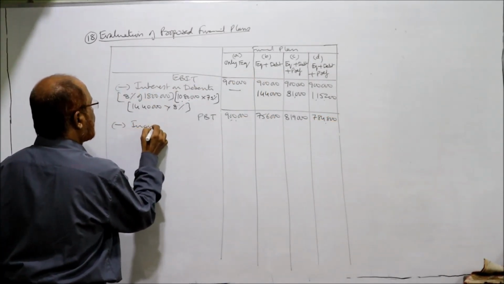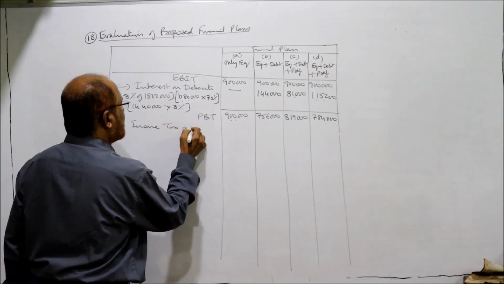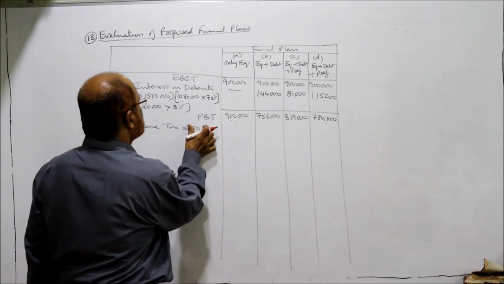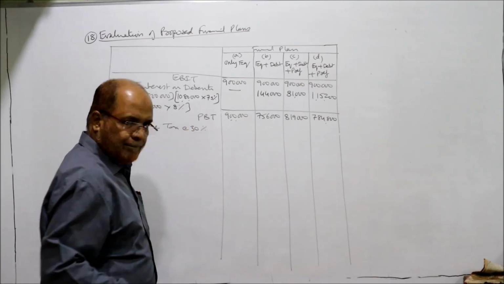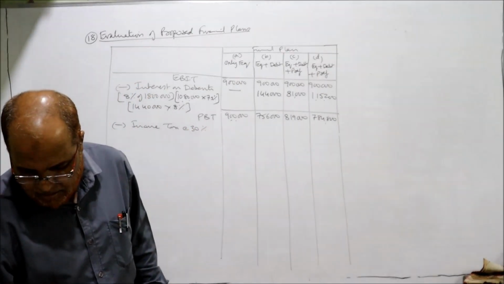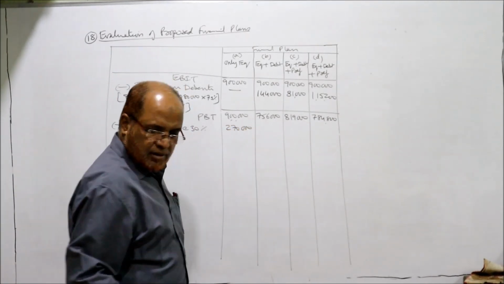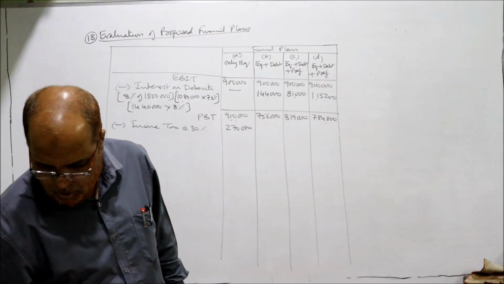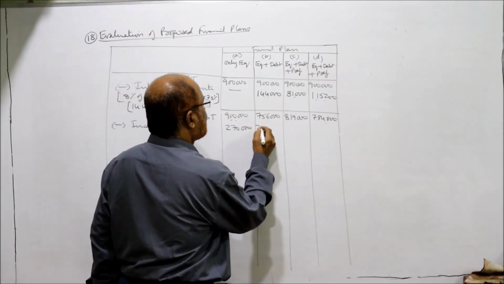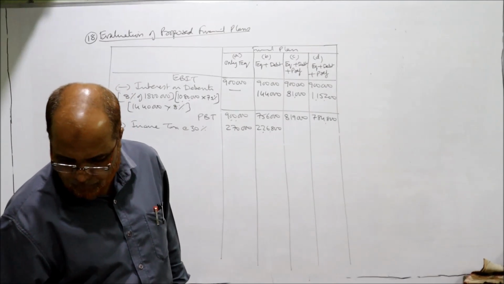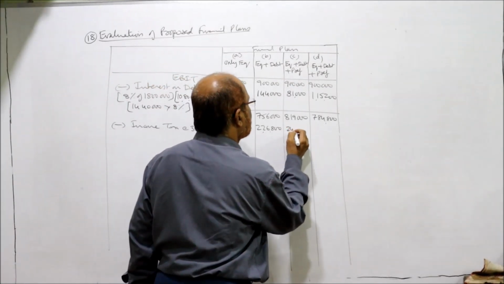Less income tax at the rate of 50%. Not 50%, it is 30%. 30% income tax, so 2,70,000. Next one is 2,26,800. Next one is 2,45,700.